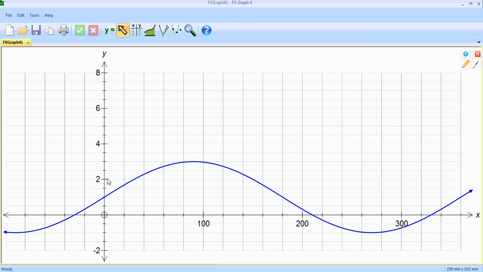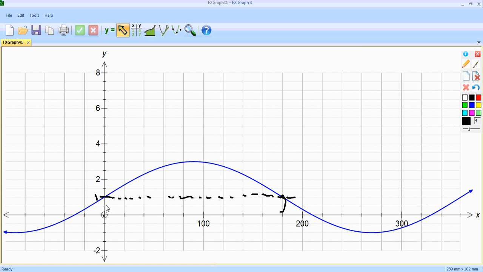What that has done is it has moved the entire graph. It used to cross at 0, it now crosses at 1. So our average line now goes along here. That would now be 0, but it is actually up 1.